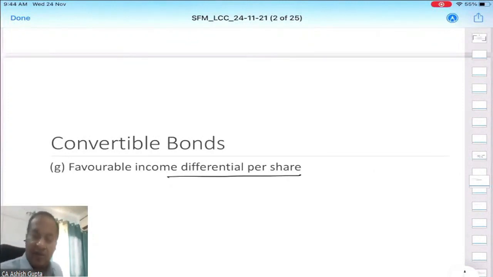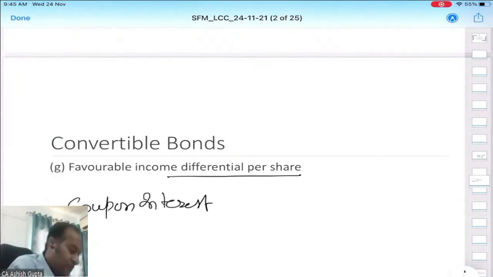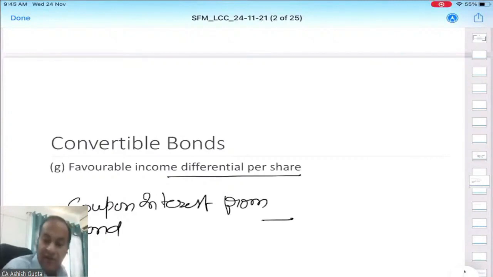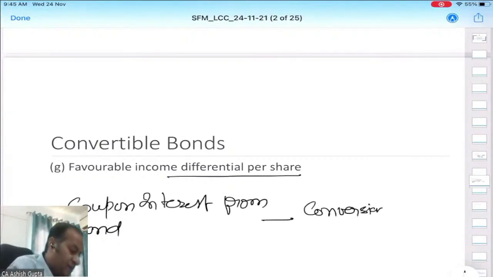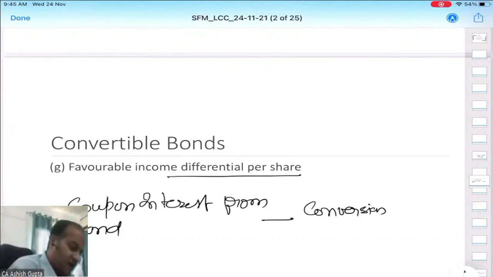Suppose we hold the bond, of course, what will we get? We will get income from the coupon interest of the bond. If we go for the conversion, then our income will be from the dividend.